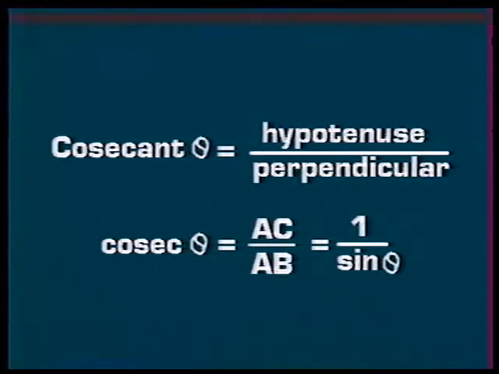In this particular case, it is AC upon AB, but we know that the ratio of AB upon AC is sin theta. So, this ratio, that is AC upon AB or hypotenuse upon the side opposite to the angle theta, is the reciprocal of sin theta, or we write cosec theta as 1 upon sin theta.